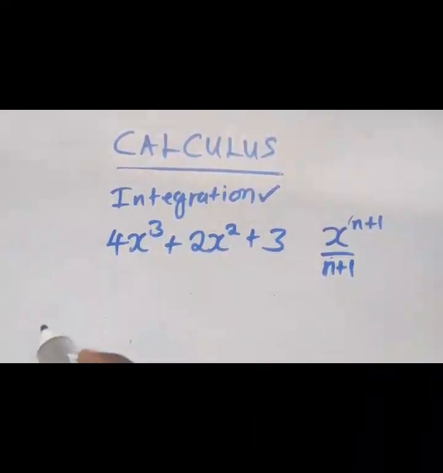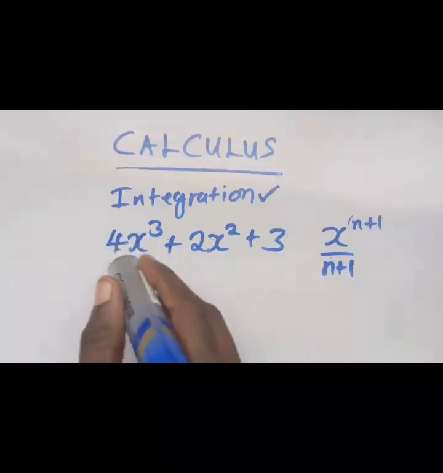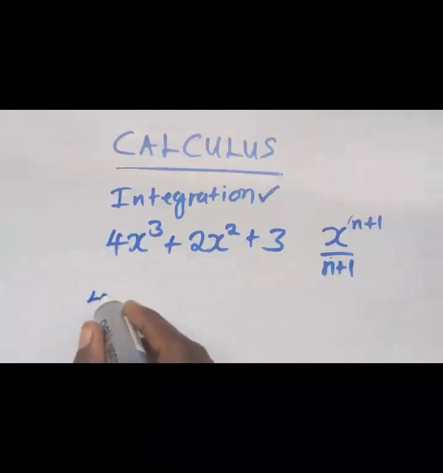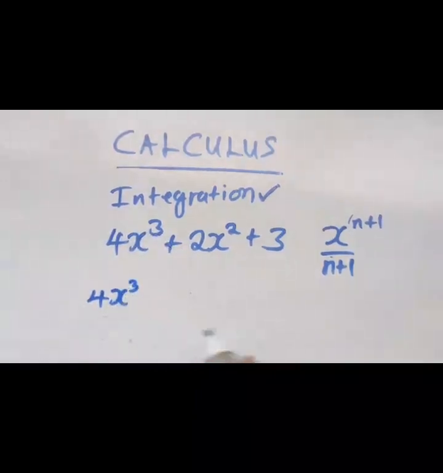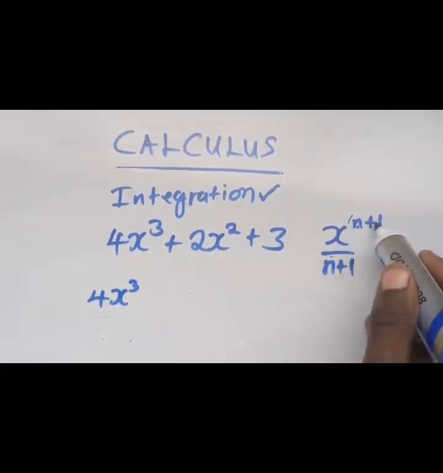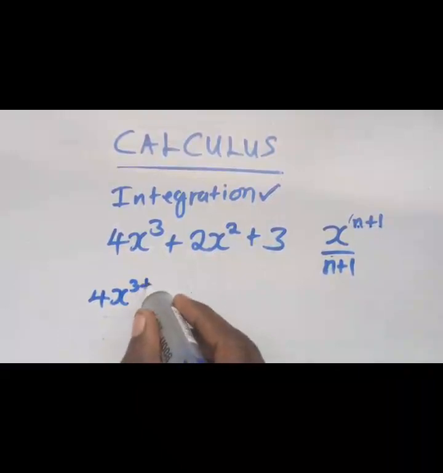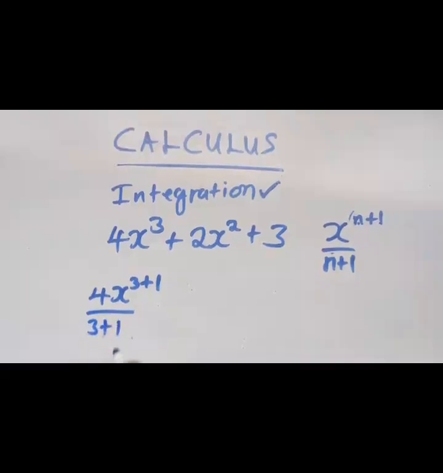To solve this question, you're just going to copy what you have here. You're going to say it is 4x to the power 3, but now it says we should add 1, so 3 plus 1. Then down here you're going to get the same 3 plus 1.